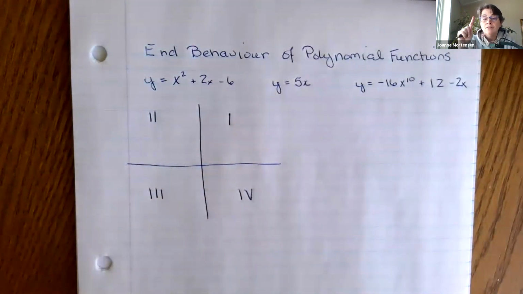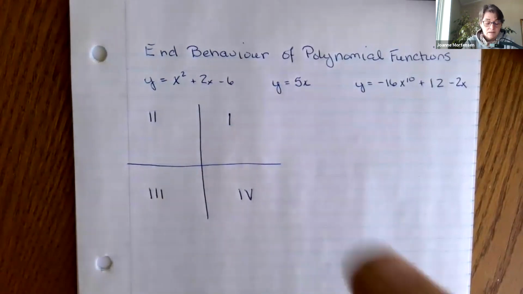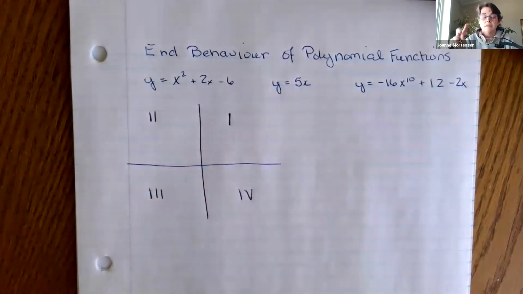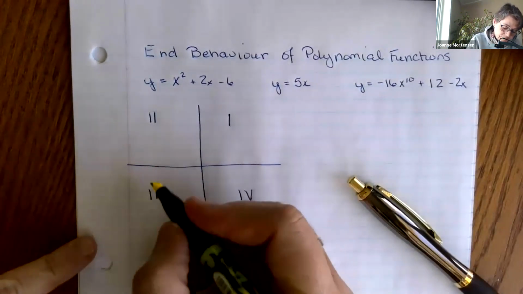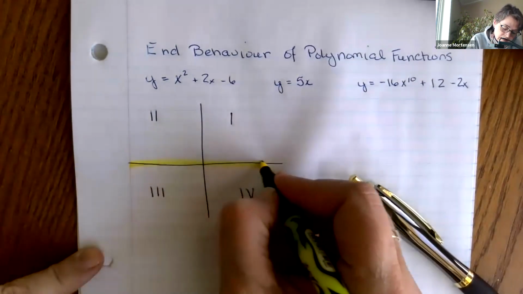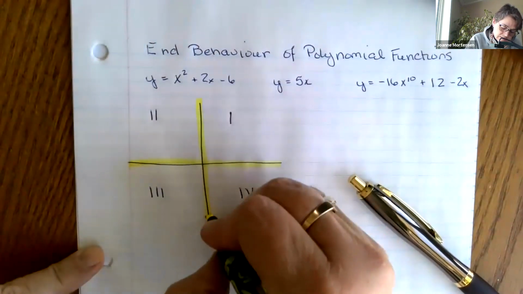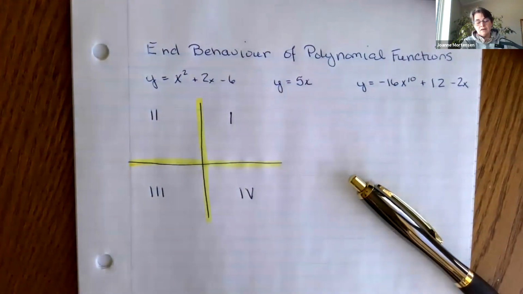So if you have to do end behavior or characteristics of a polynomial, the first thing I do, actually 2 things I do to start, I take my handy dandy highlighter and I highlight my x-axis and my y-axis, because usually there's a graph drawn on there and there's grid lines and it gets all confusing.